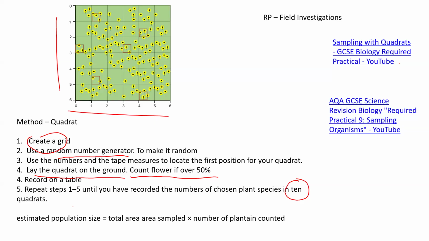Then, when you've chosen 10 quadrats, you will calculate a mean. Let's say there's 10 quadrats and your mean is 6.3. Then you've got to work out an estimate of the number of daisies within that field.